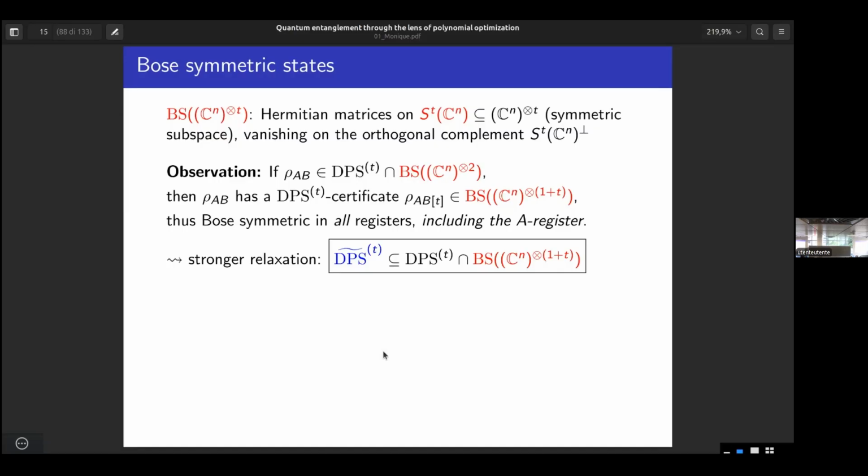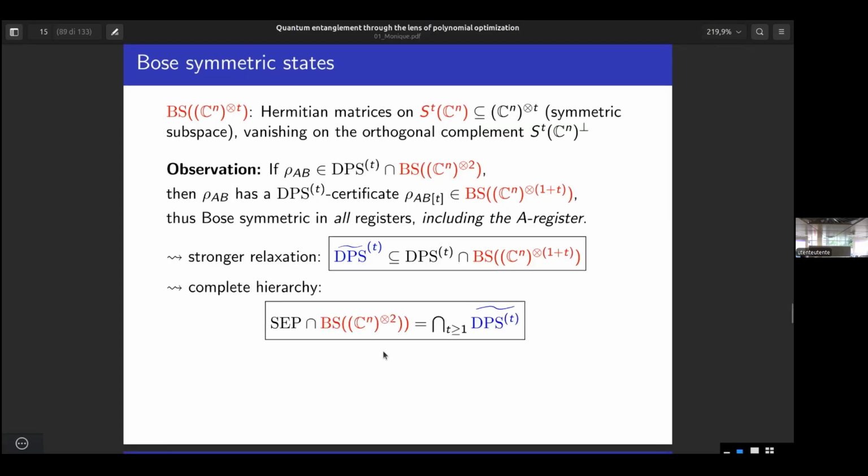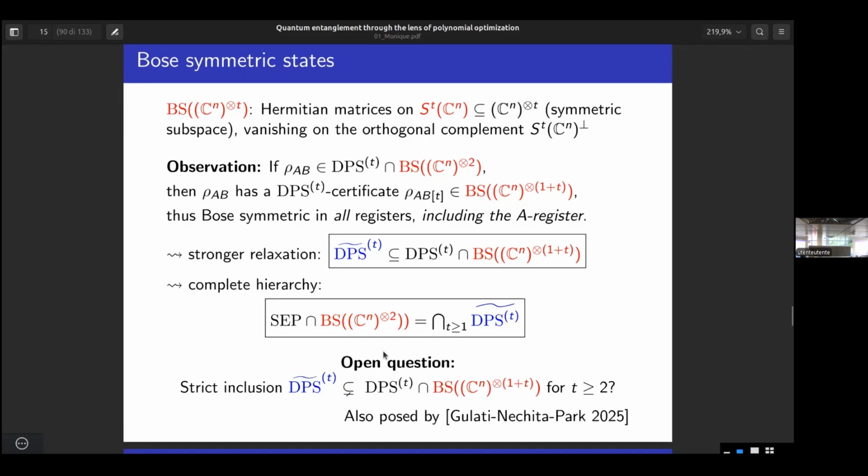So this is actually a question about tensors. We know for T equal 1, it's equality because there is no extension, but already from T equal 2, we don't know whether there is equality here. Of course, this hierarchy is complete for the separable bosonic symmetric tensors. It follows from the general design. And here is the question I just mentioned.